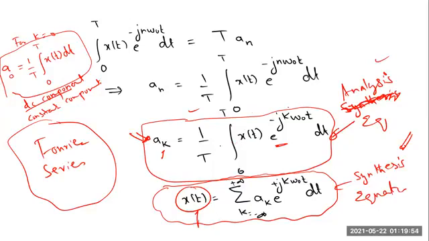So actually, when you calculate ak, these numbers will tell you what are the different components that make up this signal. The value of the Fourier series coefficient will tell you the portion of different frequency components that are present in this signal.